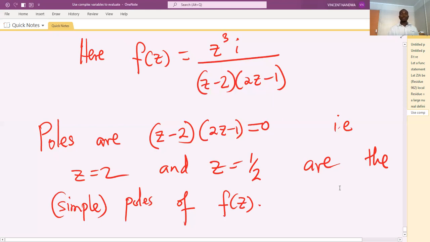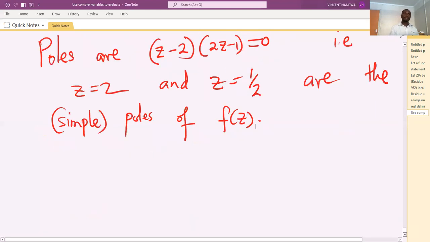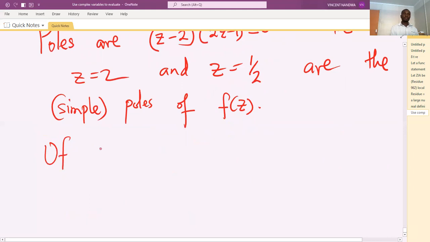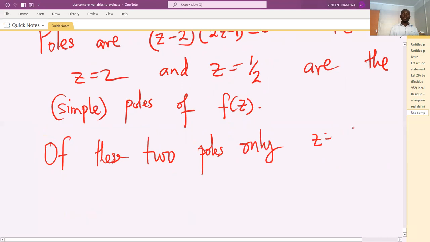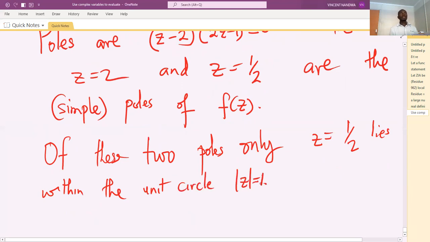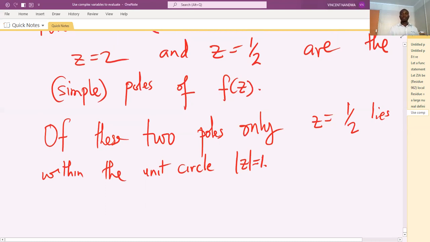Now, of these two poles, only z equals a half lies within the unit circle, and actually that's what we use to find the residue and the solution to the problem.